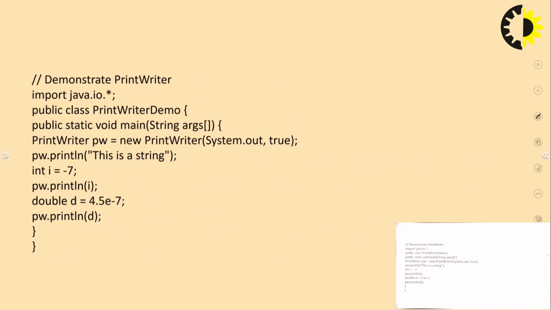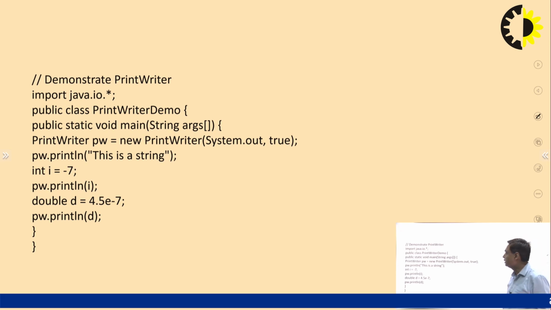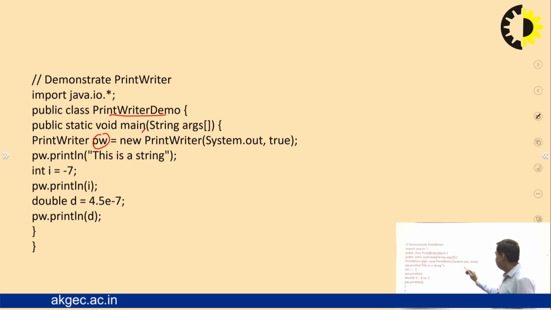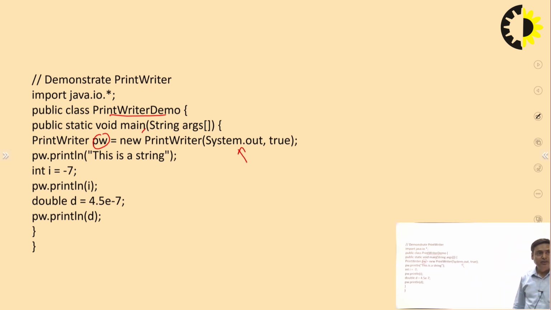Now, this is an example. In this, you can see the output is with the help of character stream. So, the name of the class is PrintWriterDemo and we are using new, and pw is the object of PrintWriter and we are passing System.out. System.out is the byte stream object.